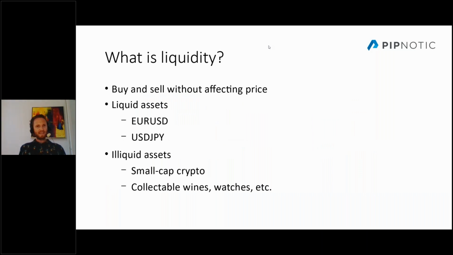Then we have illiquid assets, and illiquid means that you don't have someone on the other side of your order all the time. So you don't have someone who's always willing to buy and sell, and these include small cap crypto projects. We have tons of these now. If you go to your Atomic wallet, and you sort by the 24-hour difference in price, and you look at the ones that have gone up like 14,000% today, you think, oh my goodness.